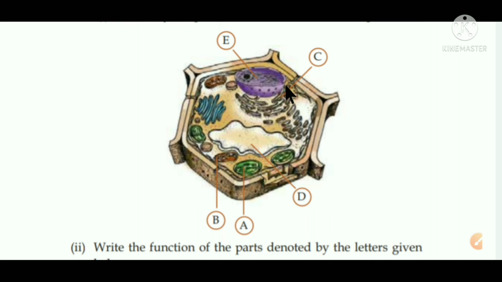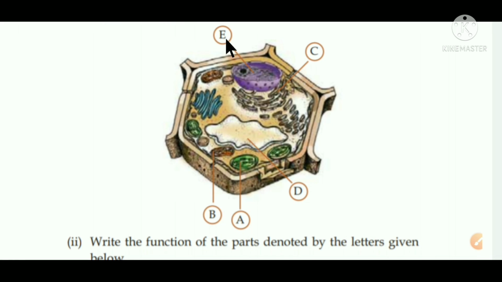You can see a network-like structure here. This is endoplasmic reticulum. Then D: you can see a large vacuole here. And E is the nucleus.